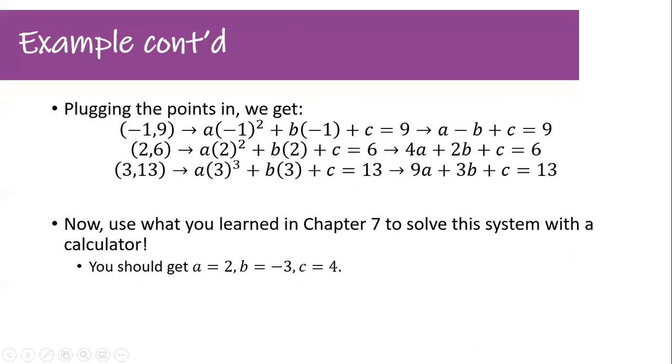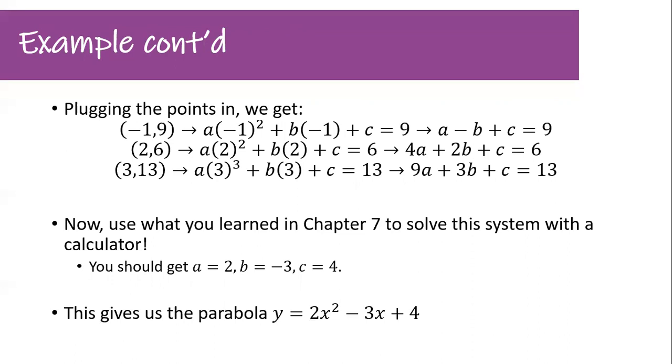Make sure you take a few moments and that you can repeat these solutions. When we plug a, b, and c back into our quadratic formula, we have y = 2x² - 3x + 4. Again, a is 2, b is -3, and c is 4. That is where all of that is coming from.